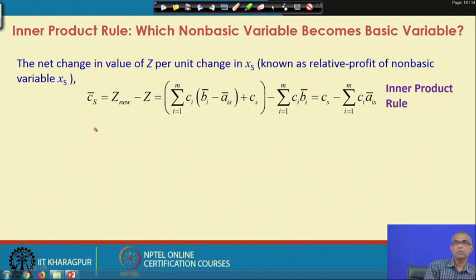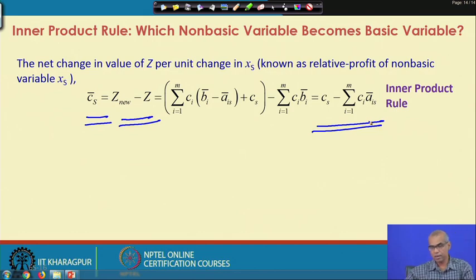It is denoted as Cs bar. Cs bar is obtained as the new objective function value minus the old objective function value, and this is obtained as Cs minus sigma i equal to 1 to m Ci Ais bar. This is known as the inner product rule.